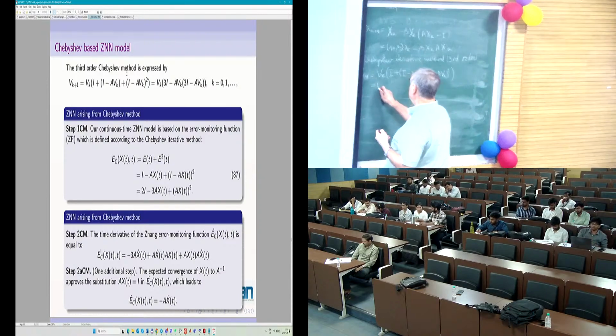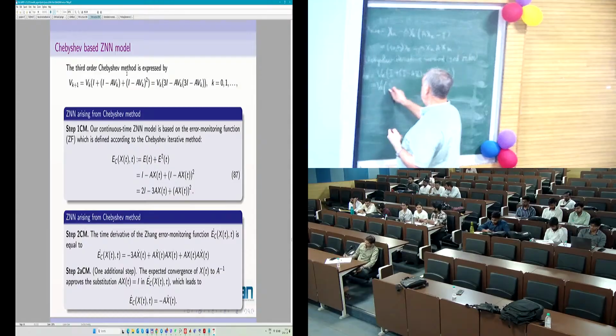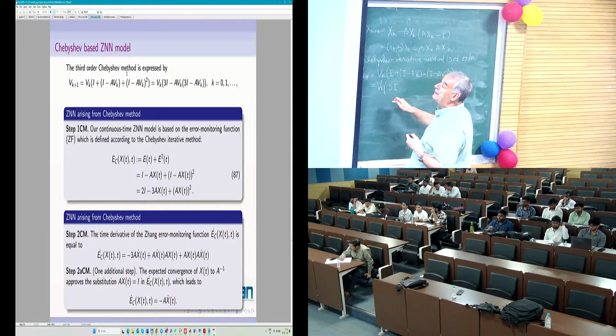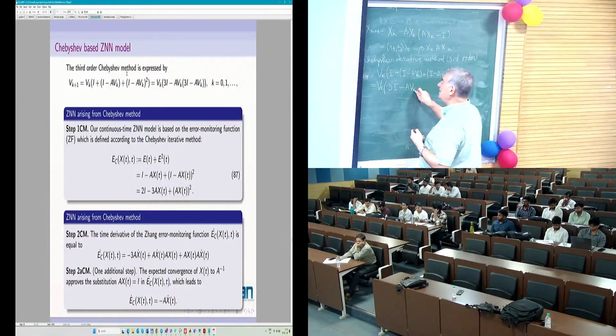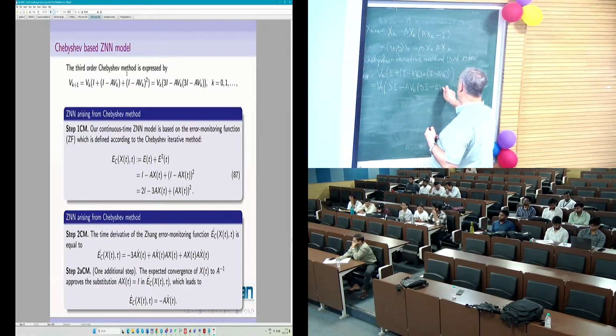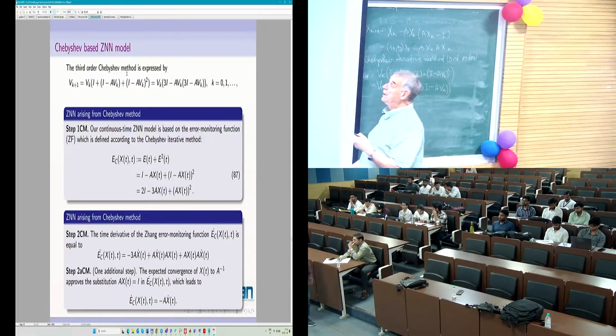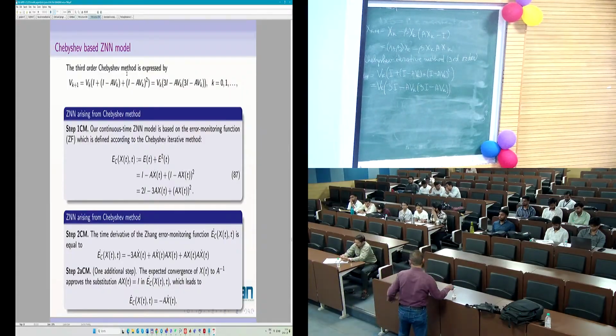After simplification, it will give 3I minus A V(k), 3I minus A V(k), k goes from 0 to infinity.